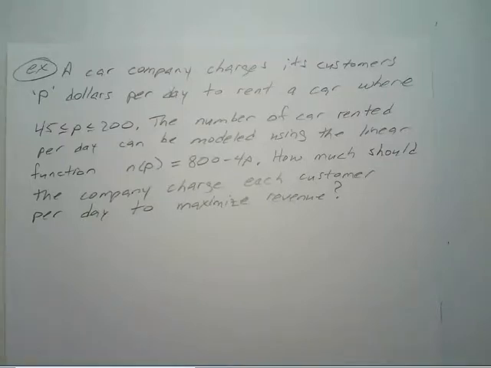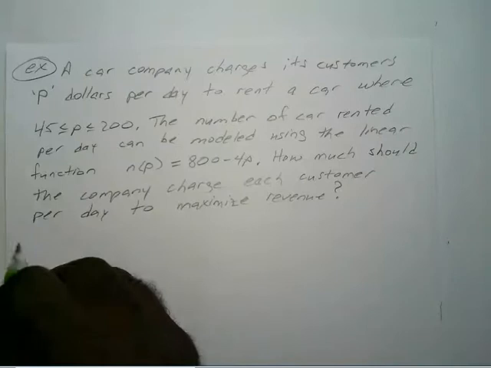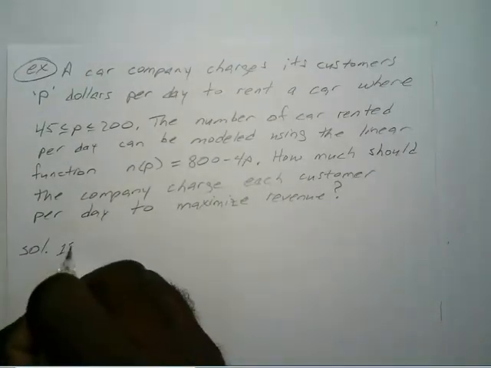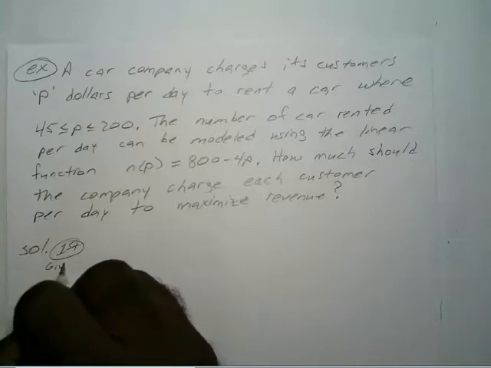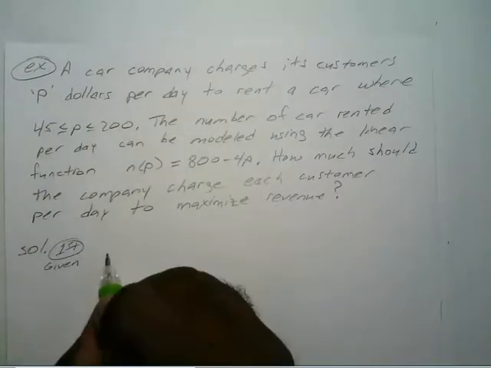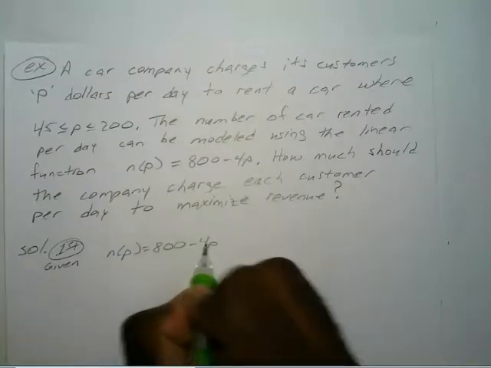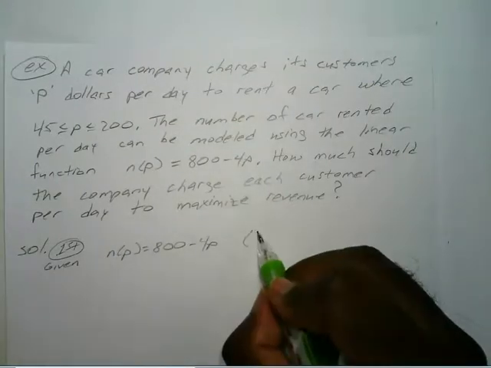All right, so let's go ahead and start on this one using our steps. So first step, our given, we know that N of P equals 800 minus 4P is our number of cars rented per day.